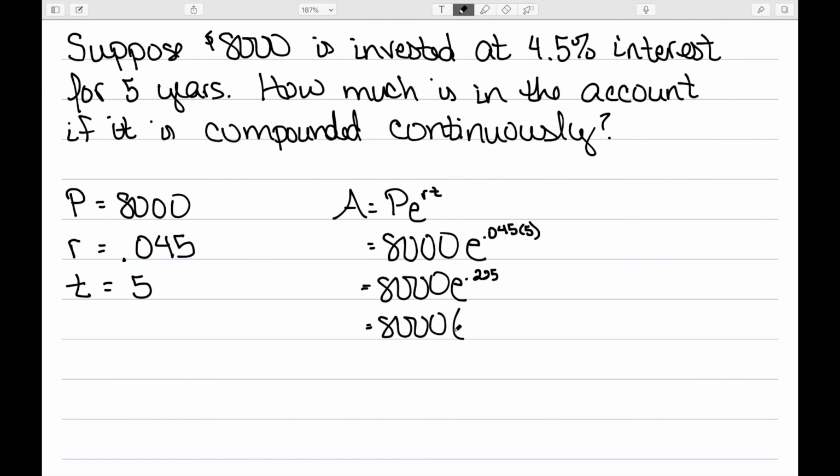We can use calculators to calculate e to the 0.225. We get 1.25232. And then multiplying by 8,000 gives us that we would have $10,018.58.